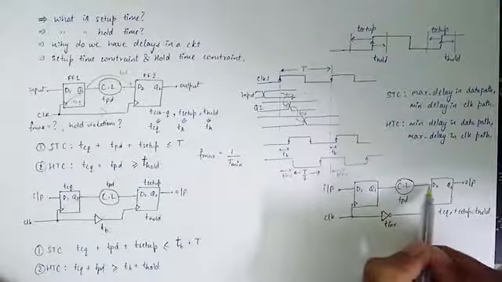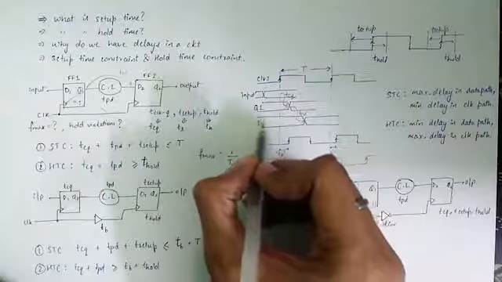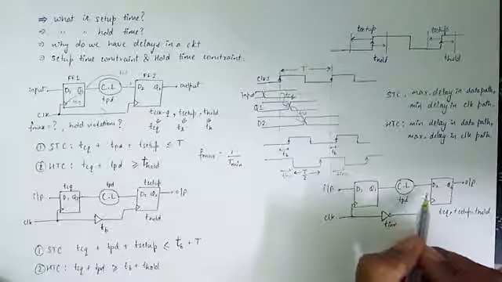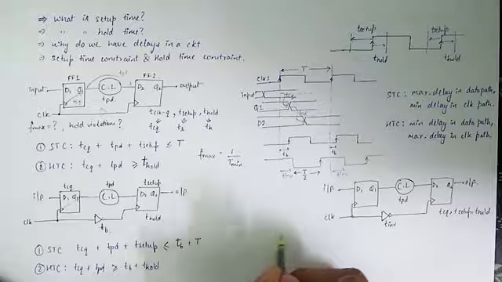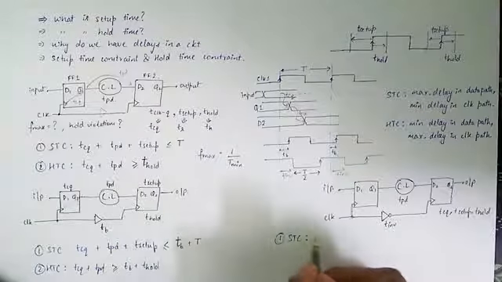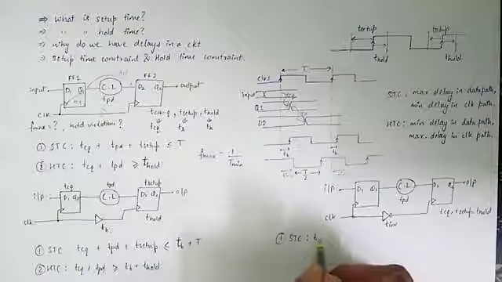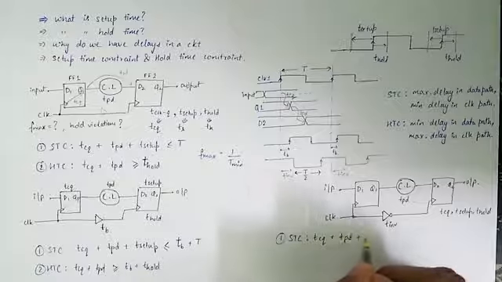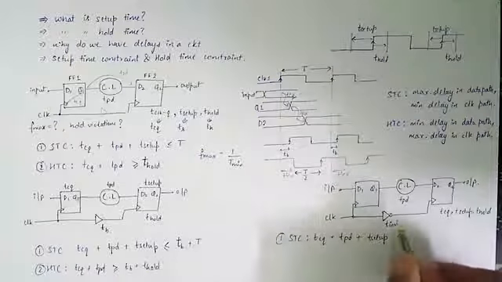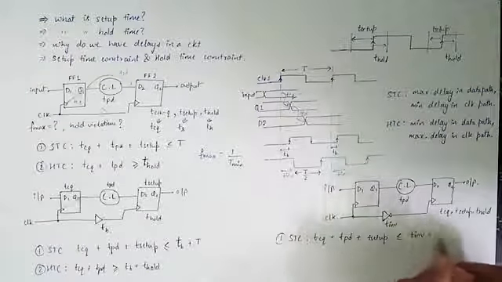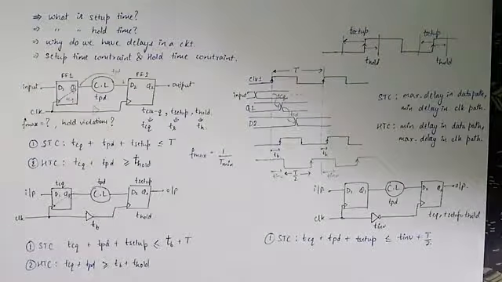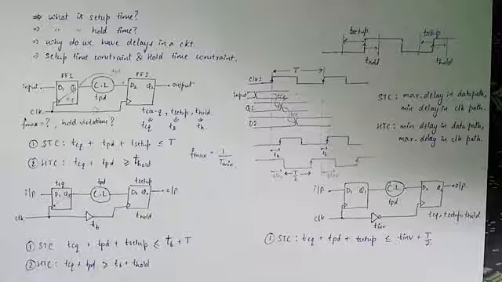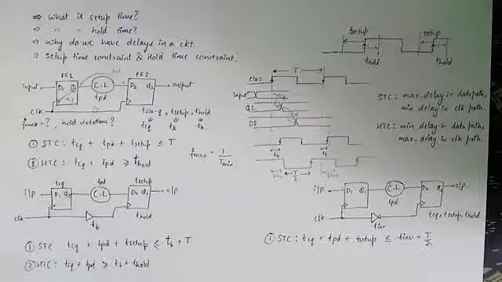Therefore, T clock to output plus combinational logic delay must be stable at least setup time before this clock edge. So we get the setup time constraint as T clock to output plus T PD plus T setup must be less than or equal to Tinv plus T by 2. Notice that in this equation we get T by 2 instead of T as in previous two cases.